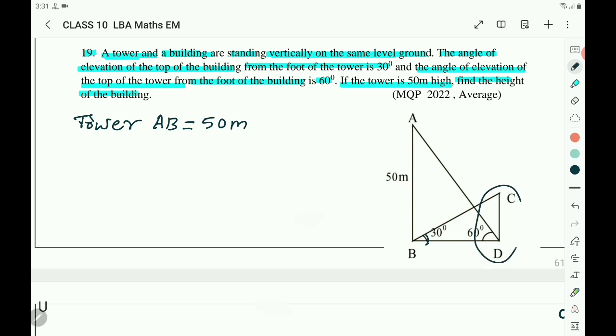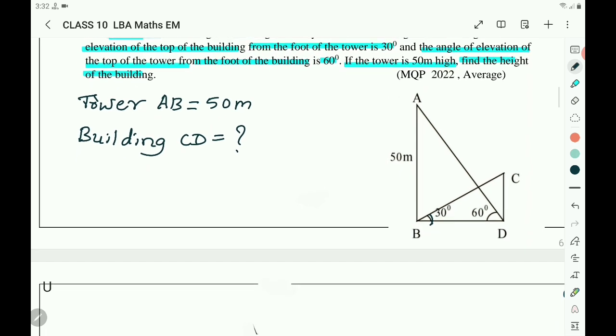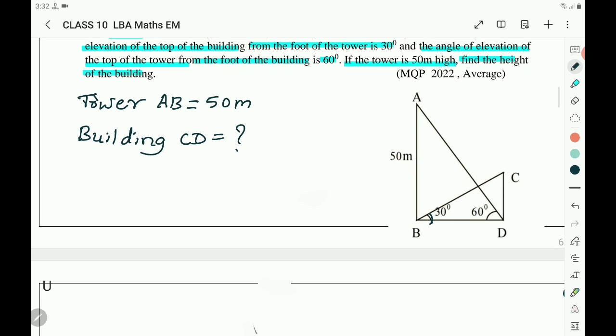We have to find out the height of the building. Building CD equals question mark. Now, without getting the value of BD, it is not possible to find the value of CD. How will you get the value of BD?